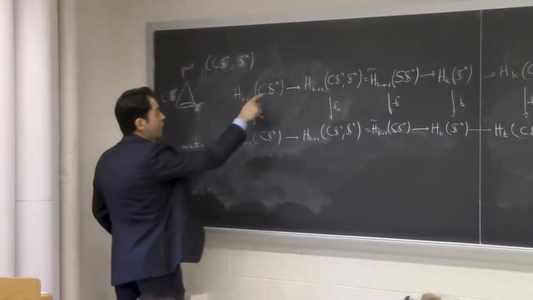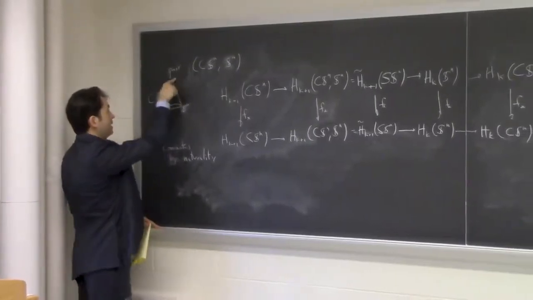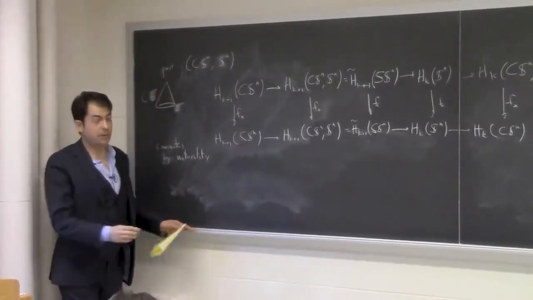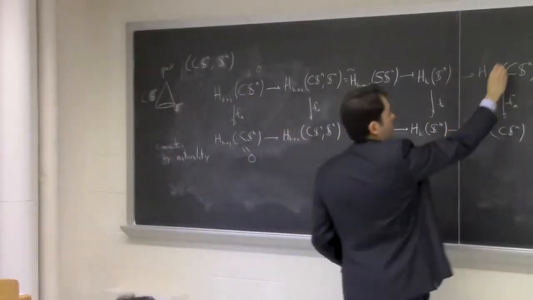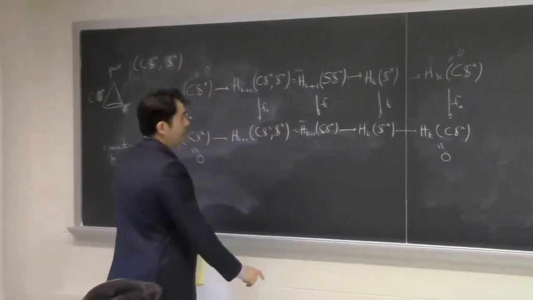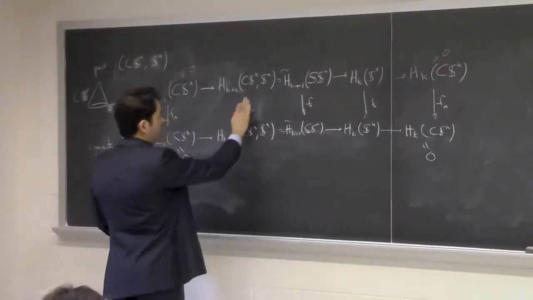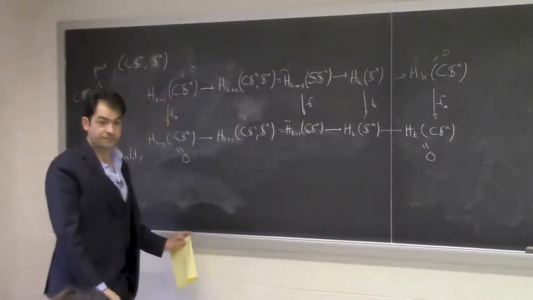Okay, and if I take the cone over a space, then that's contractible, because you can just retract everything to the cone tip. Right? So this is going to be 0, this is going to be 0, and also here at the end it's going to be 0, and this is going to be 0. So, well, here I really put too many arrows. There's a single arrow here.